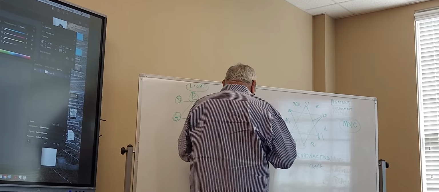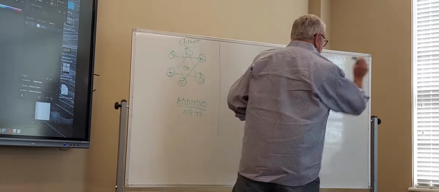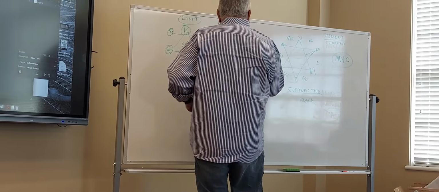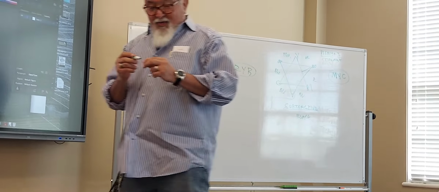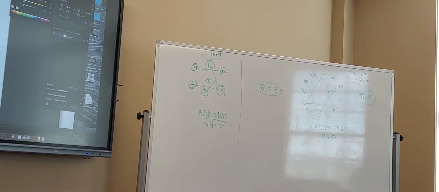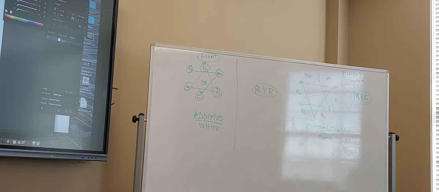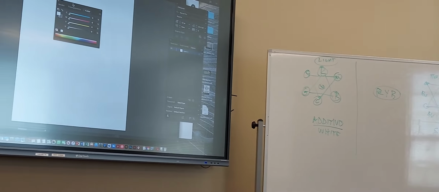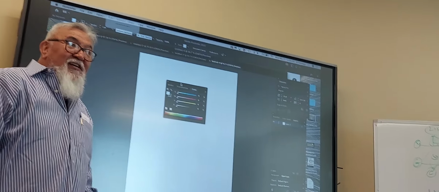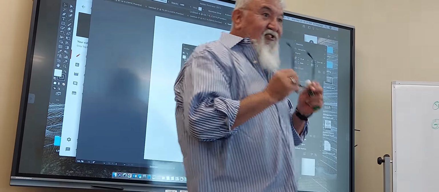Red, yellow, and blue. RYB, R-Y-B. Why were you taught RYB and not MYC? Guesses. They're easier to pronounce for kids. Is that your answer? That's your guess?